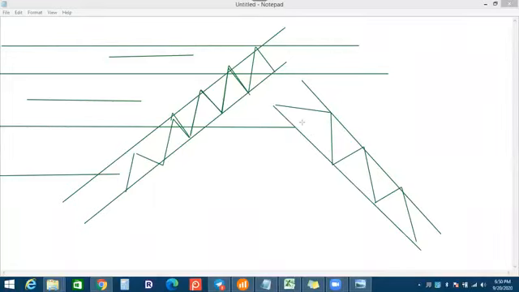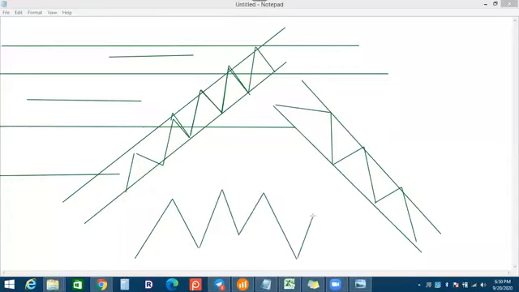These levels will be respected because the market is moving in a channel. But in a ranging market, your horizontal support and resistance will work and the trend line will not. Horizontal support and resistance only work in a ranging, consolidating market, but the horizontal level will not work in a trend.